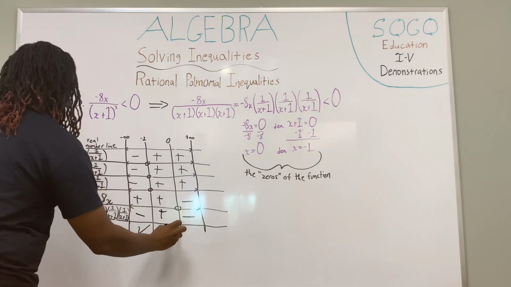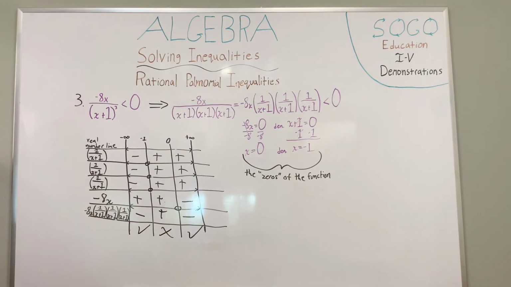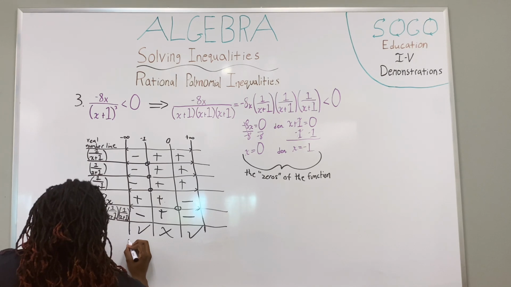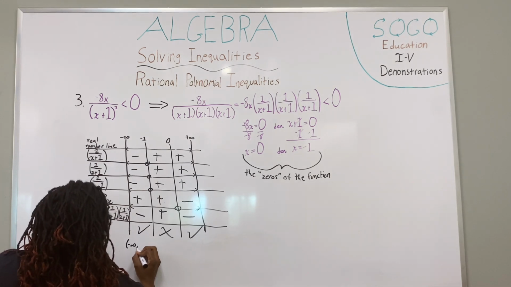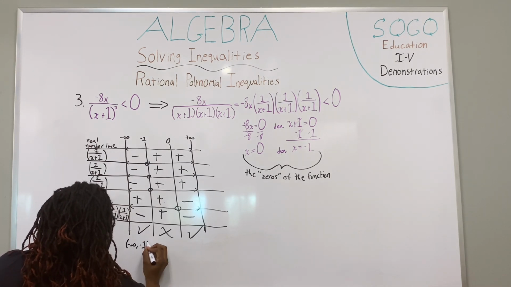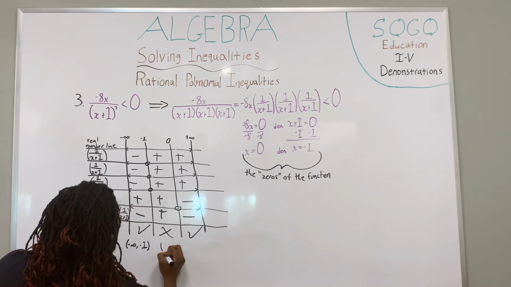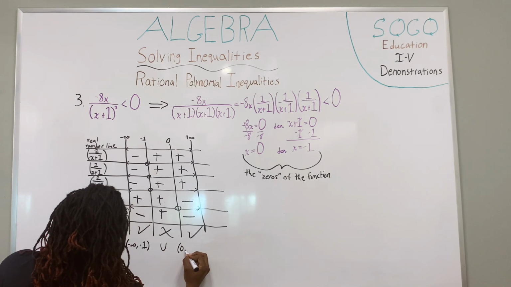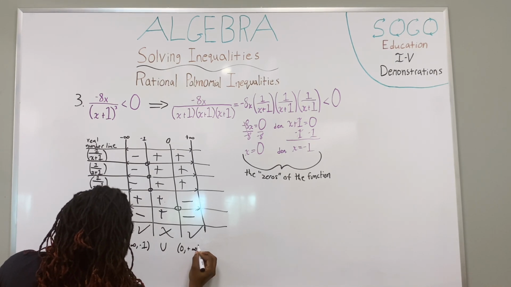What do we want? We want negative. So we check the negative boxes and X the positive one. Cool. Now we can write our intervals. That's going to be the solution set. For the first checkbox, it's going from -infinity to -1. Union, the next one is going from 0 to +infinity.